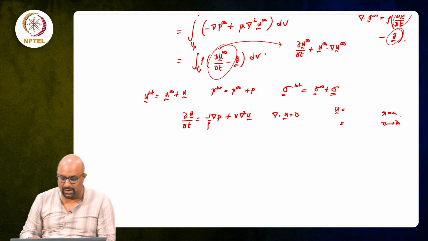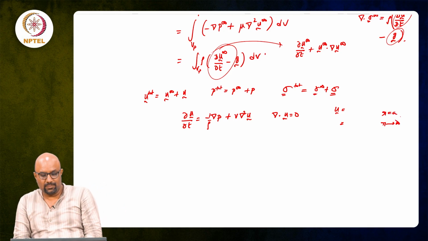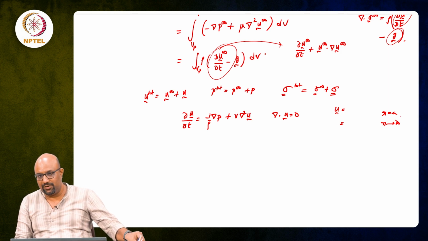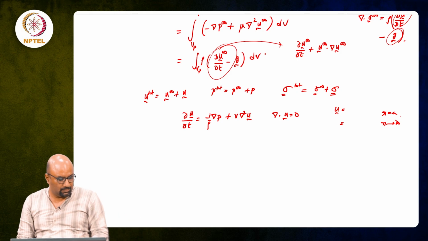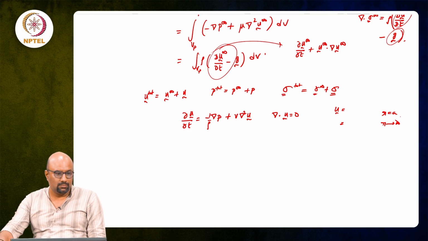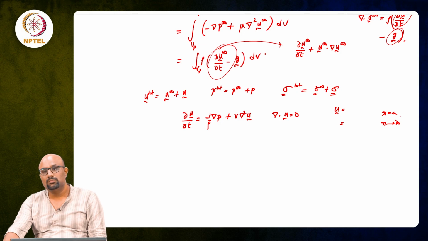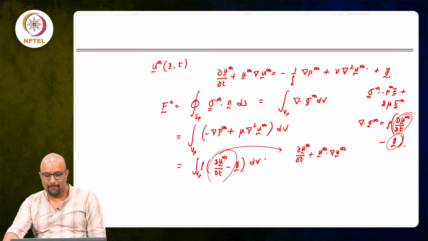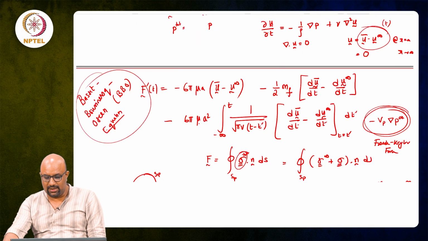What is the boundary condition at the surface of the sphere? If the sphere is moving with a velocity u bar, what should be the boundary condition on the sphere surface? What is it? It doesn't change from what you just did, right?